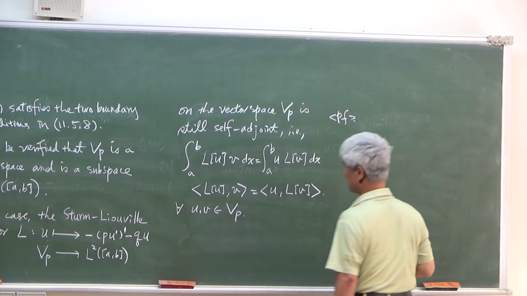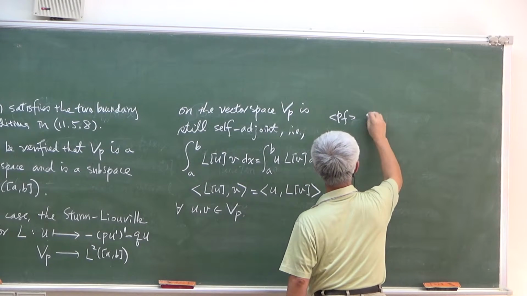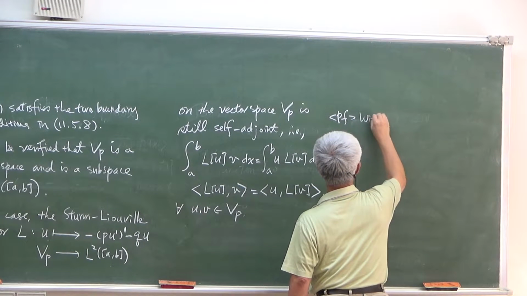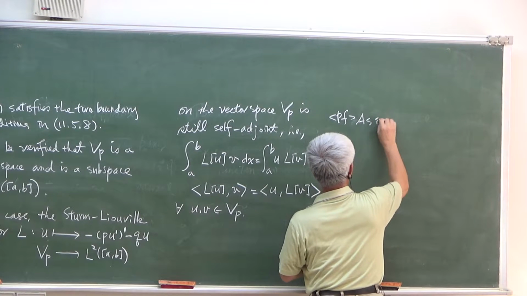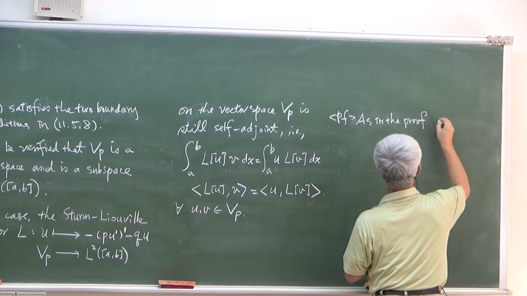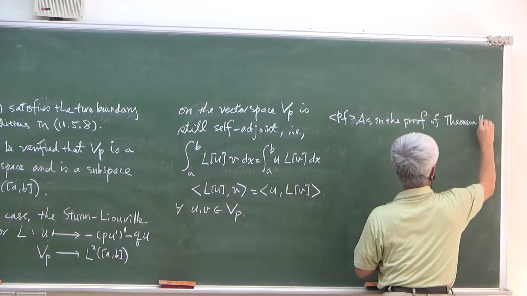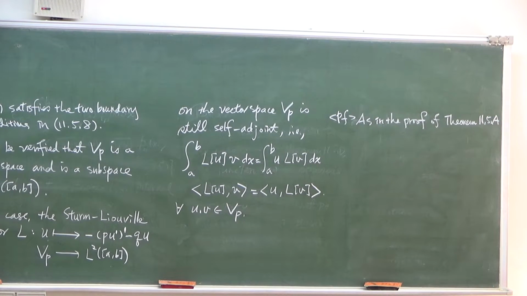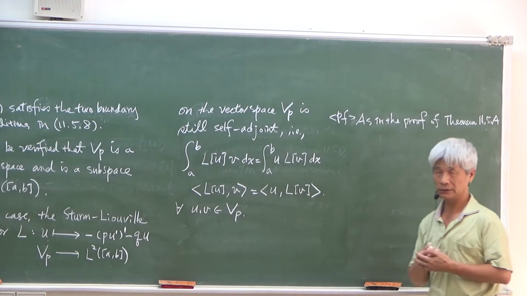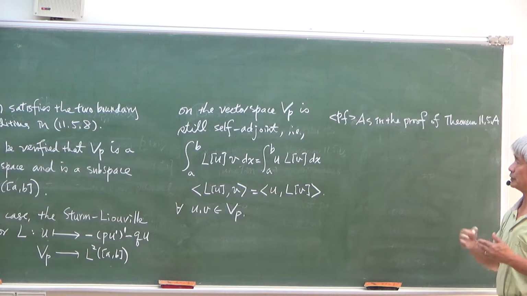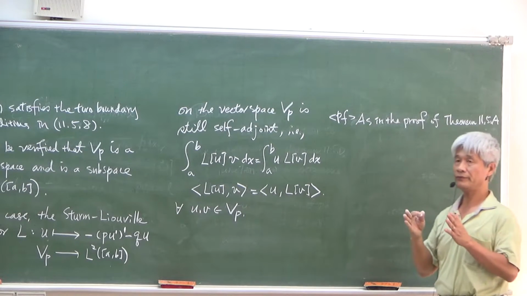We can have a proof like this one. In the proof, when we prove the self-adjoint property in the theorem, we prove that the Sturm-Liouville operator is self-adjoint for the non-periodic boundary conditions in 11.5.2, right?